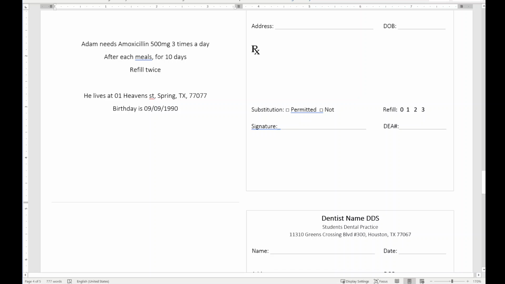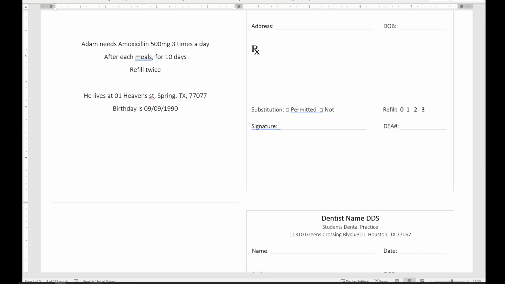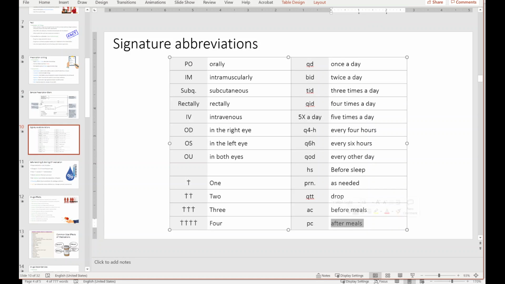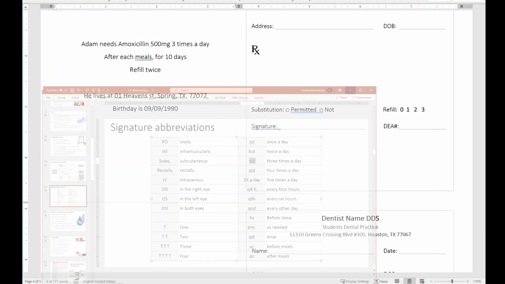And then they need it 3 times a day for 10 days. So that means we dispense 30 because 10 days, each day you give 3. 3 by 10 is 30. And then they need 3 times a day after each meal. So you give one pill, one tab, and then TID, which is 3 times a day, and then after each meal, which is PC, right? So after meals, one pill, 3 times a day after meals.